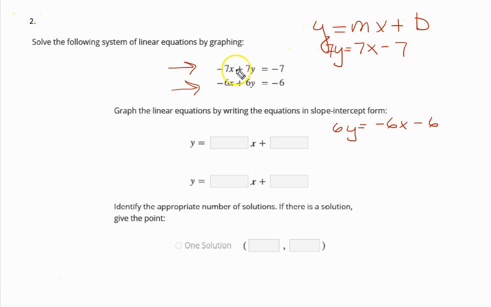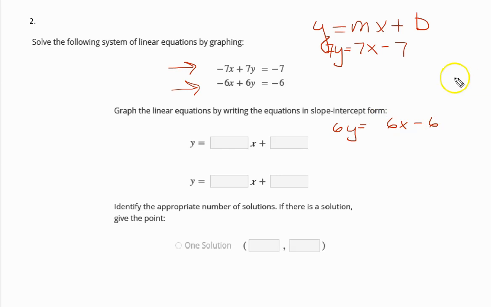So we're transposing the negative 7x to the other side, where it becomes positive. And we did the same thing with the negative 6x, transpose it, and on this side it becomes positive. And now what do we do to find out what y is?